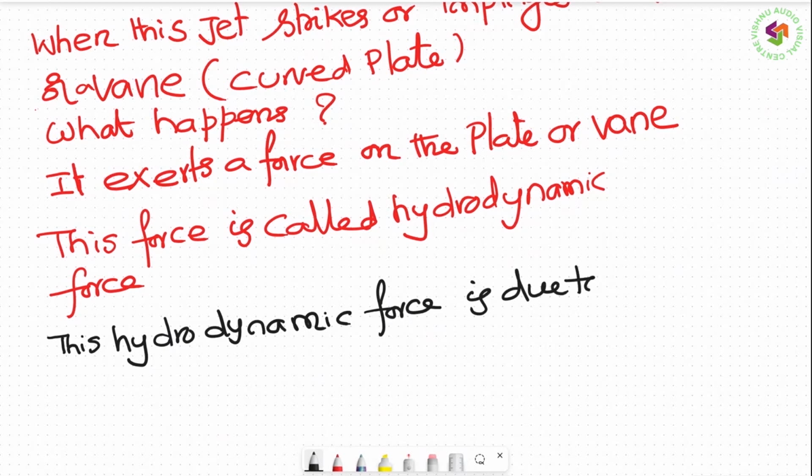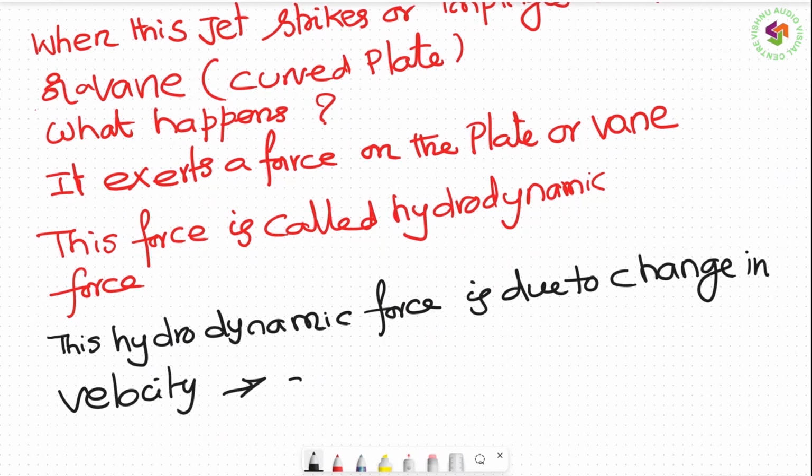It is due to change in velocity, or due to change in motion.